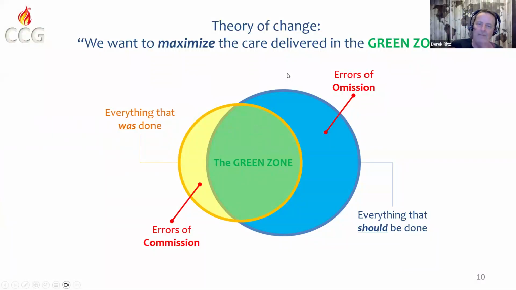From this kind of Venn diagram metaphor, you can find errors of commission, and clinicians don't commit those very often, to be honest, and errors of omission. And as this diagram illustrates, errors of omission outpace errors of commission by an order of magnitude at least.